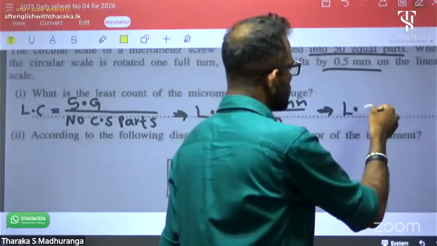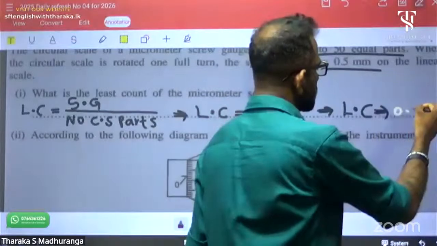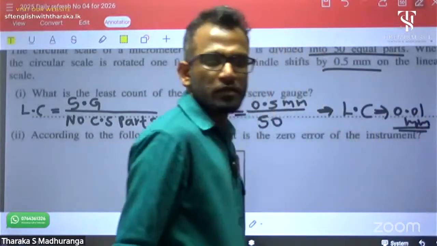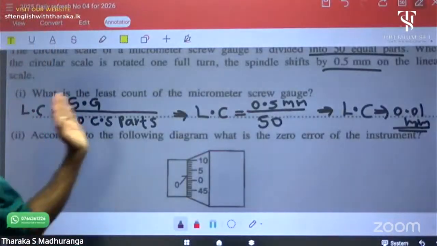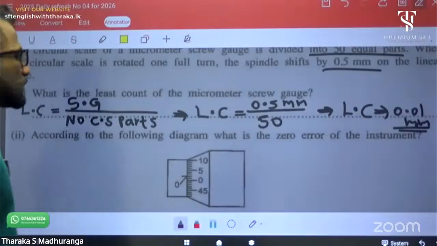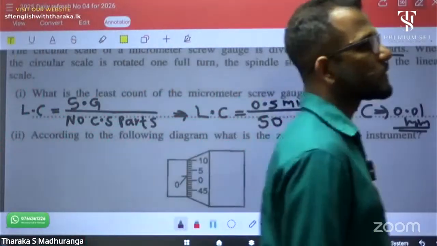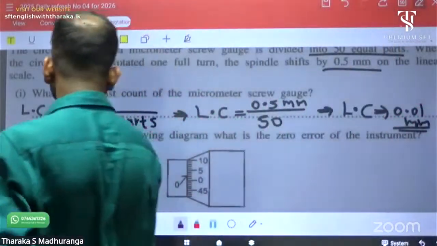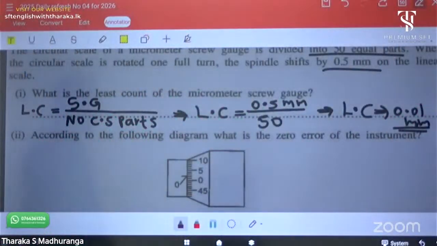The final answer for the least count is 0.01 millimeter. This is the full answer. G means screw gap. Correct, right?